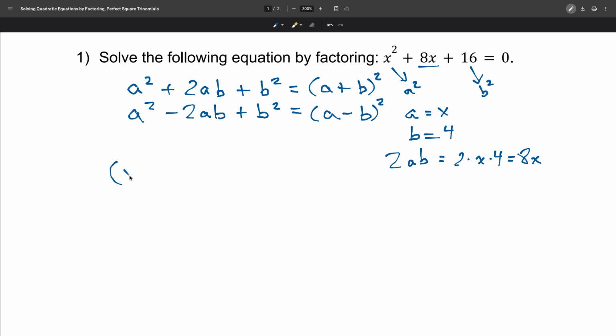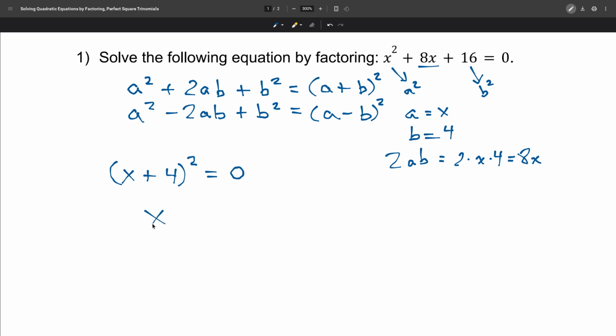So we can rewrite this equation as (x plus 4) squared and set that equal to 0. Now, here's the thing. We have x plus 4 times x plus 4, but if I set x plus 4 equal to 0 twice, I'm going to get the same solution twice. So there's one unique real solution to this particular problem.